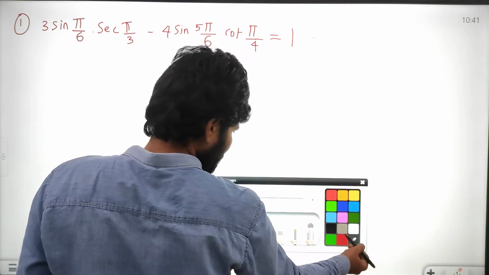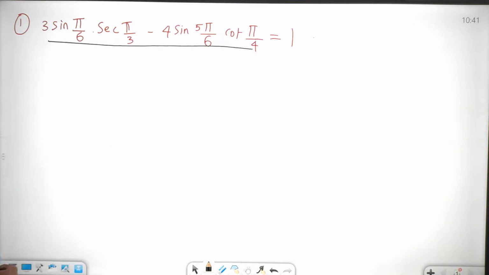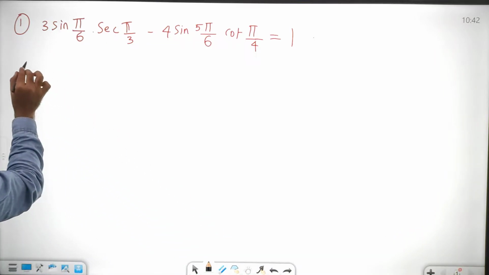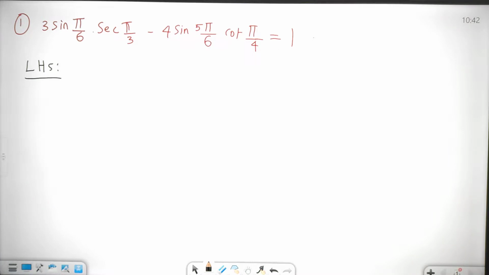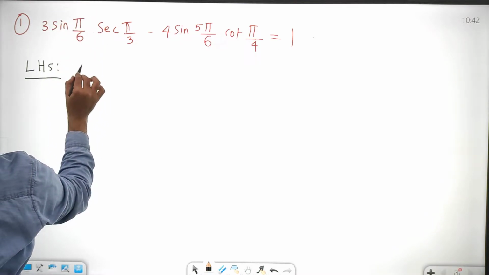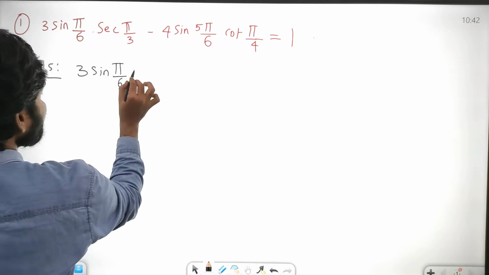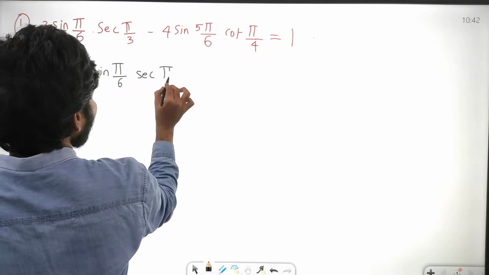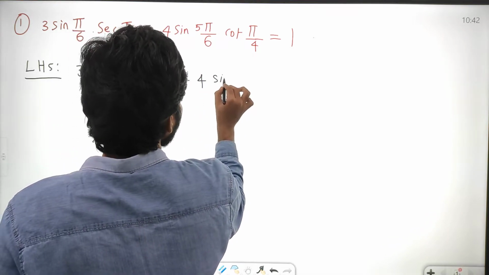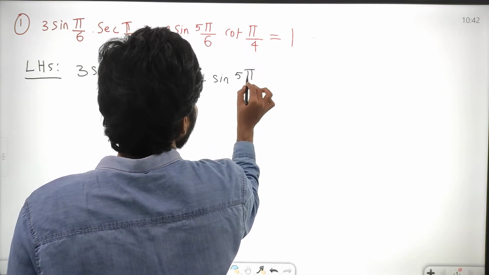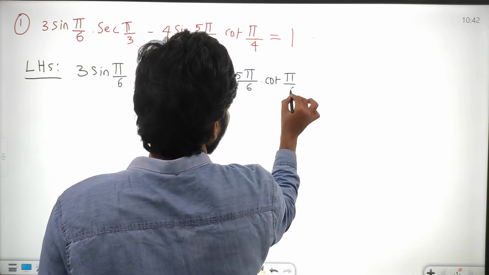So what do we have to do? Take this as the left hand side. What is the left hand side we have? 3 sine pi by 6 secant pi by 3 minus 4 sine pi by 6 cot pi by 4.